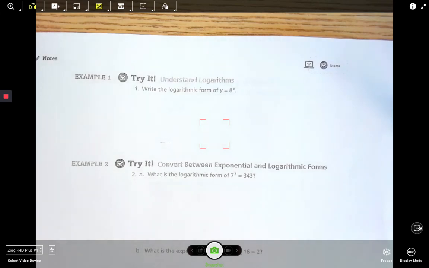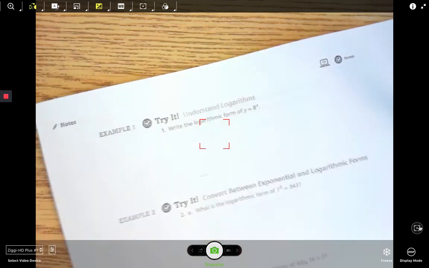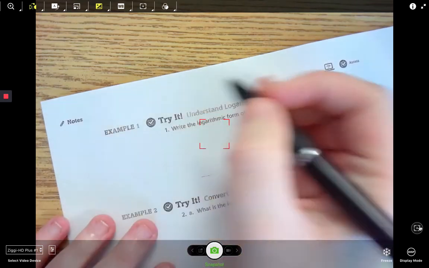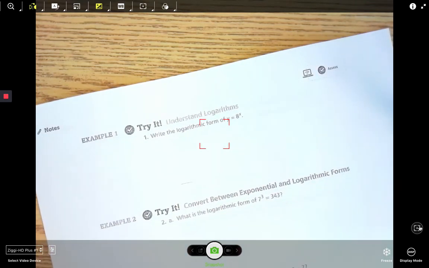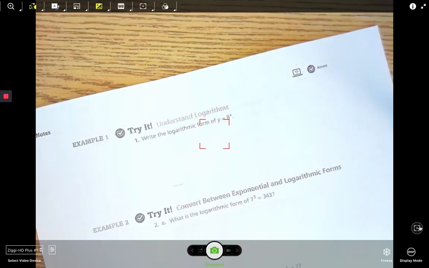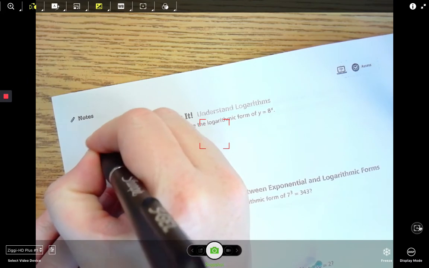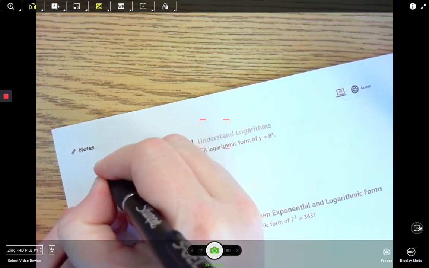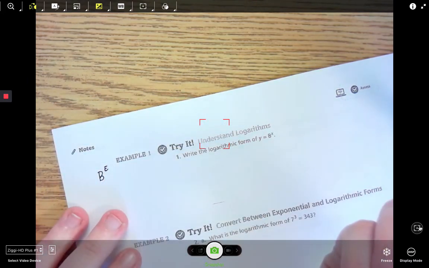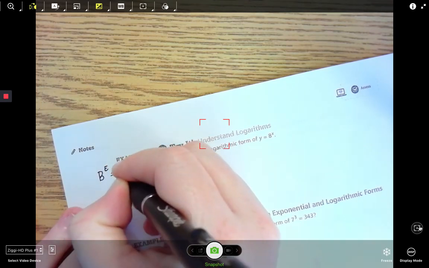So this just says, write the logarithmic form of y is equal to 8 raised to the x power. That's the first time you've ever heard of a logarithm form. Right now we are in exponential form, where we've got b, which is our base, and our exponent is equal to our answer.